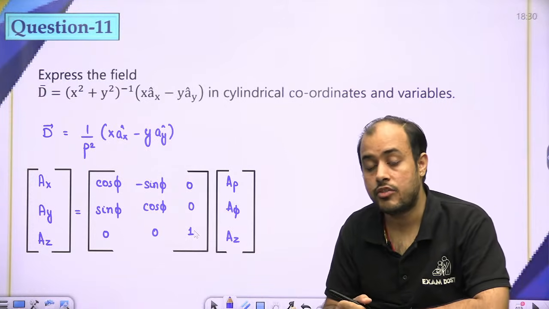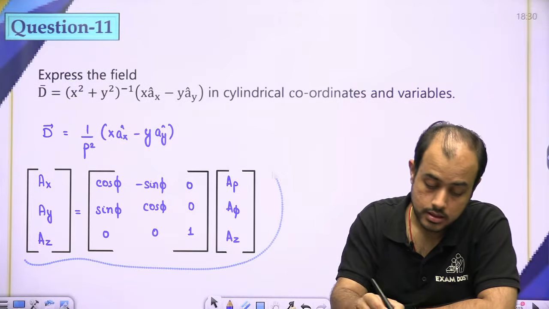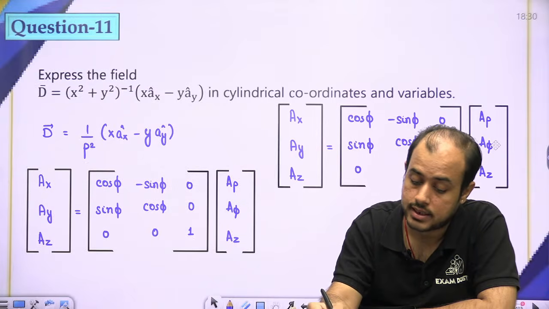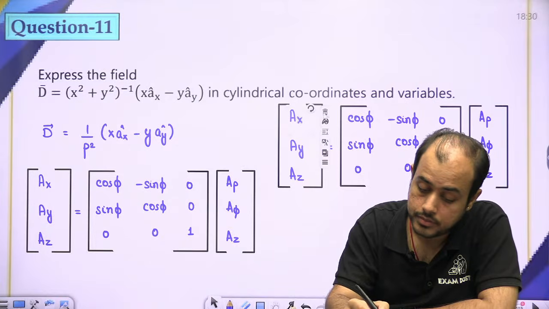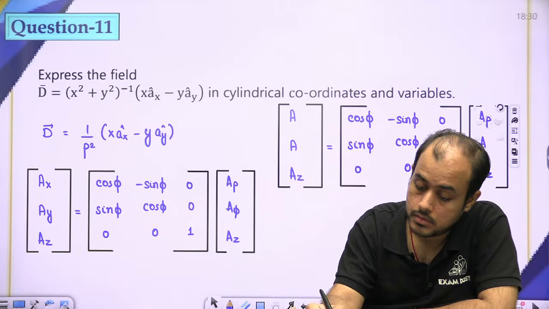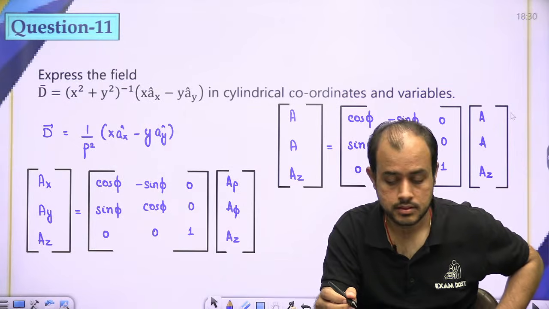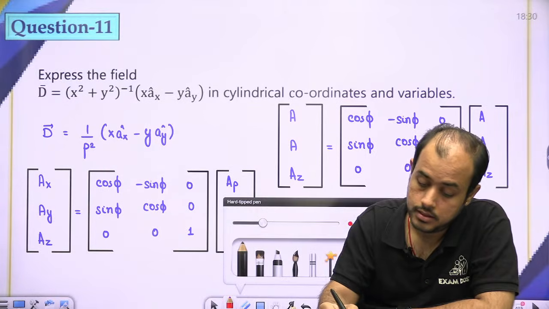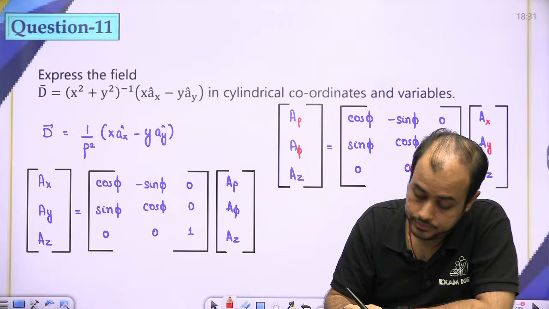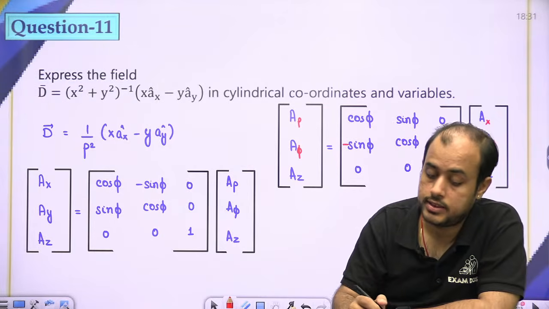Okay. But I want to go in the reverse direction, so I need the inverse of the matrix. Now for taking the inverse, it is the orthogonal matrix. Just take the transpose. Cos phi sin phi 0, minus sin phi cos phi 0, 0 0 1.